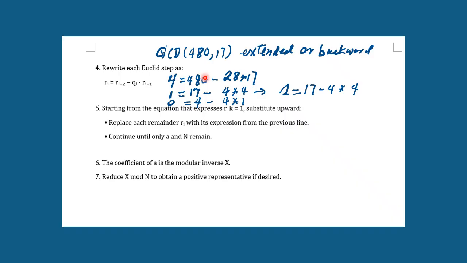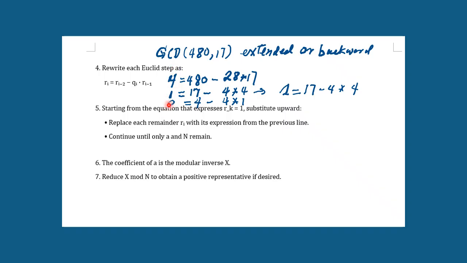You put remainder 4 and 480 divided by 17, that's the quotient, and that's simply a linear equation. Then you turn the remainder into the divisor and divide into 17, then you get a remainder 1, 4 times 4, and the GCD is 1, and you get 0. You read these columns as the remainders.